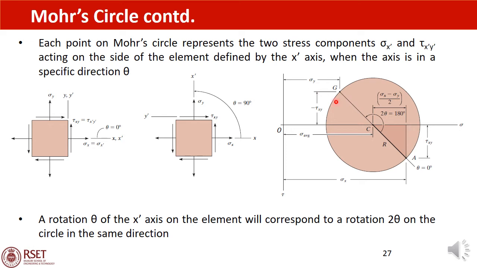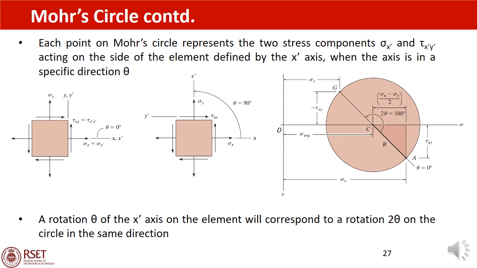Hence the radial line CG is 180 degrees counterclockwise from the reference line CA. In other words, a rotation of theta equal to 90 degrees of the x dash axis on the element will correspond to a rotation of 2 theta equal to 180 degrees on the Mohr circle in the same direction.